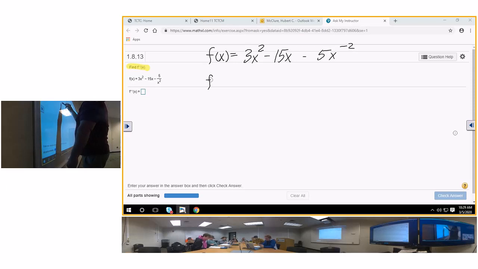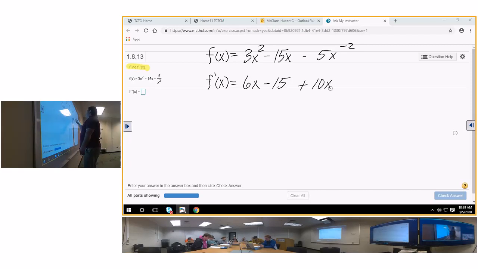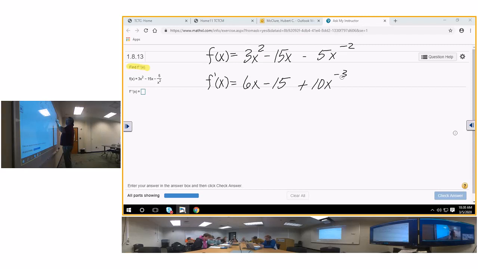f prime of x is equal to 6x minus 15 plus 10x to the negative 3. Now let that sink in. What's negative 2 times negative 5? Positive 10. What's negative 2 minus 1?